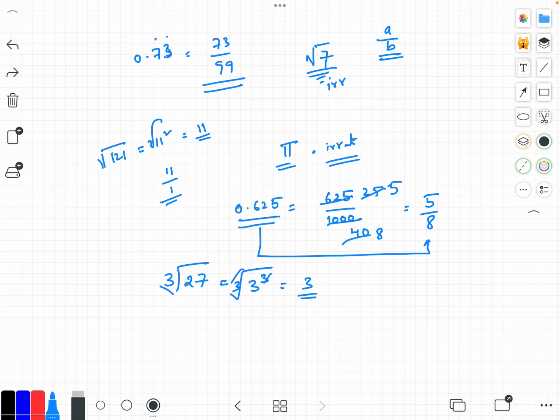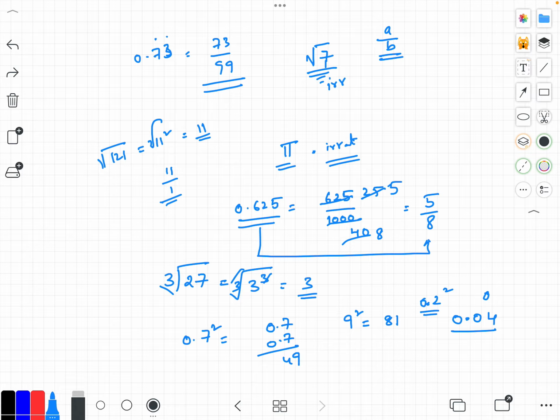Okay, find the value of 9 squared. That is 9 into 9, 81. Find this: 0.2 squared. 0.2 squared is nothing but 2 2s are 4. Point square means 0.04. Okay, similarly 0.7 squared. 7 sevens are 49.